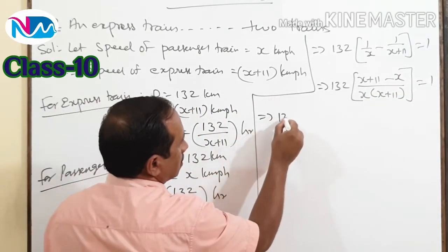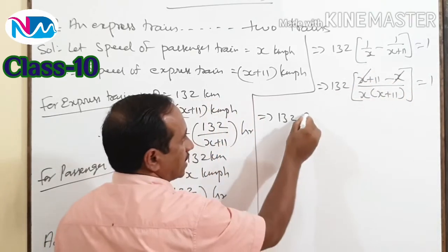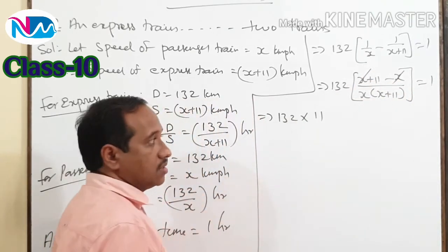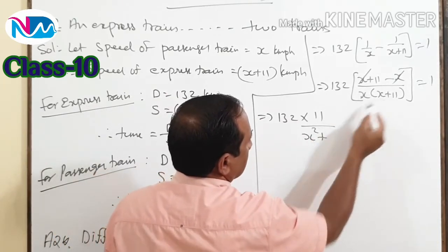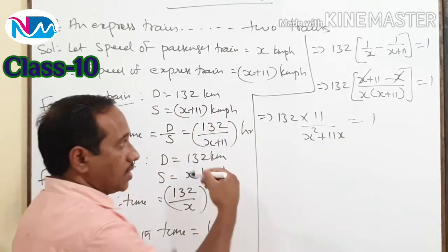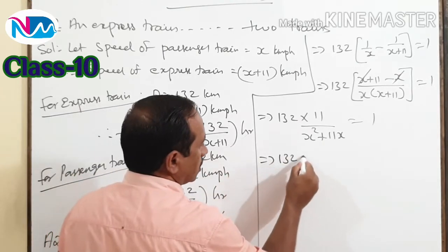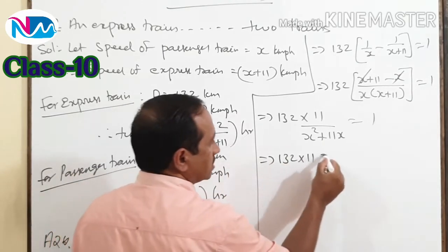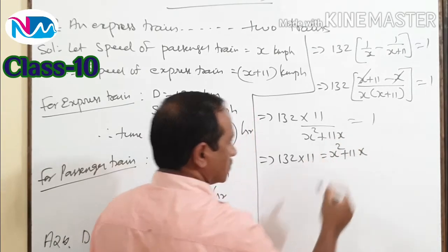This gives 132 into 11, as x and minus x are cancelled, divided by x square plus 11x is equal to 1. Now we are cross multiplying, we get 132 into 11 is equal to 1 into x square plus 11x.